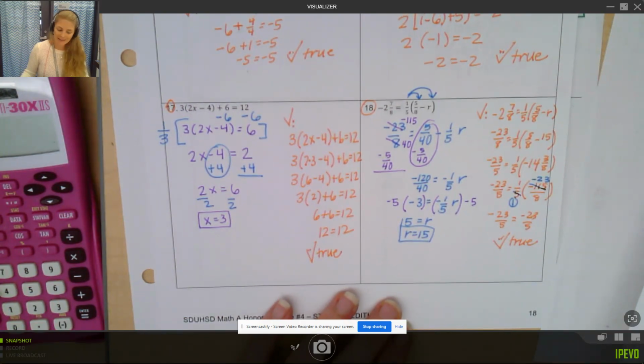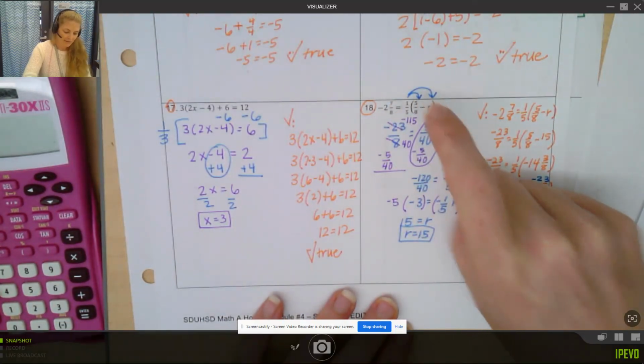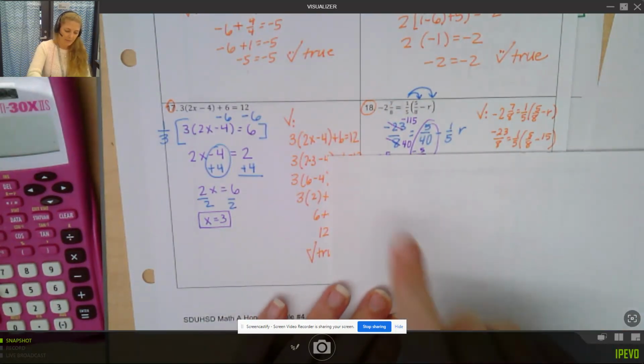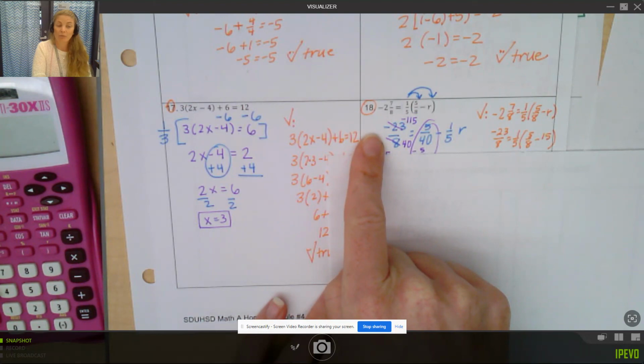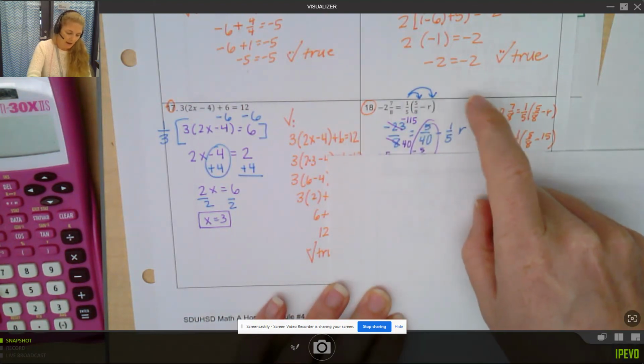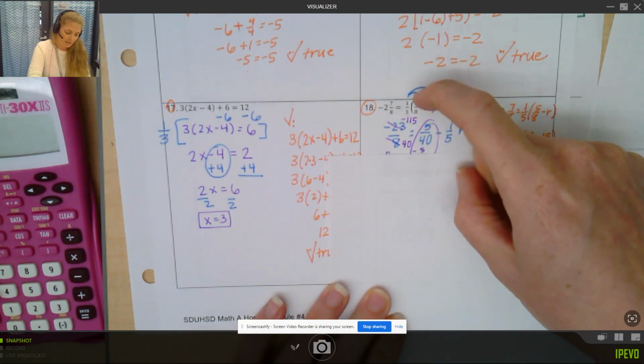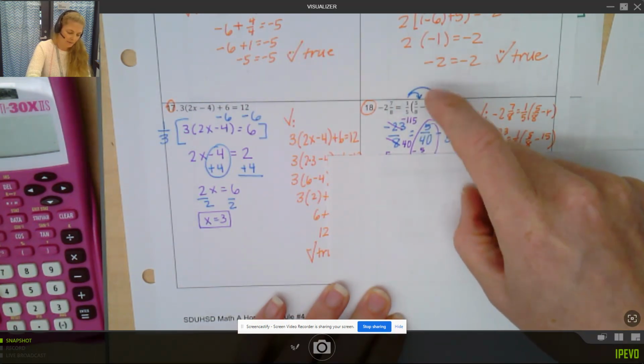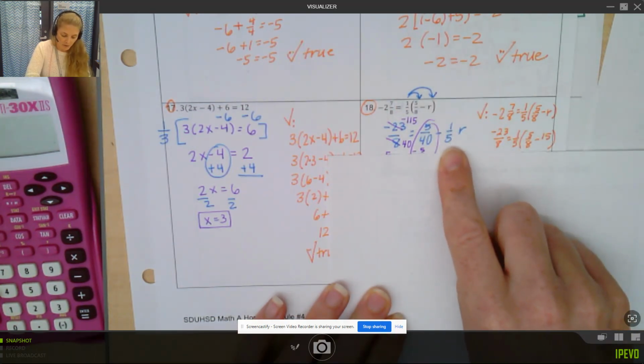And on 18, a little trickier with the fractions, but nothing you can't handle. I rewrote negative 2 and 7/8 as the mixed number, wrote the mixed number as an improper fraction, negative 23 over 8. I distributed this 1/5 and 5/8 to get 5/40. 1/5 times negative r is negative 1/5 r.